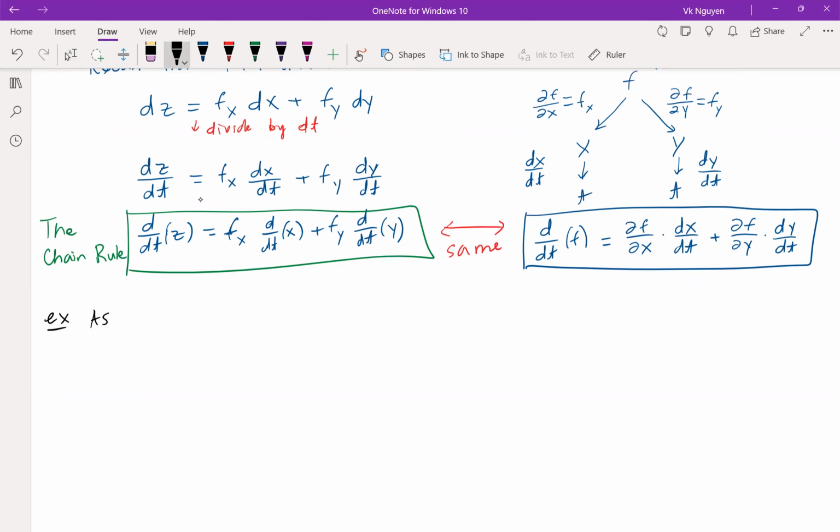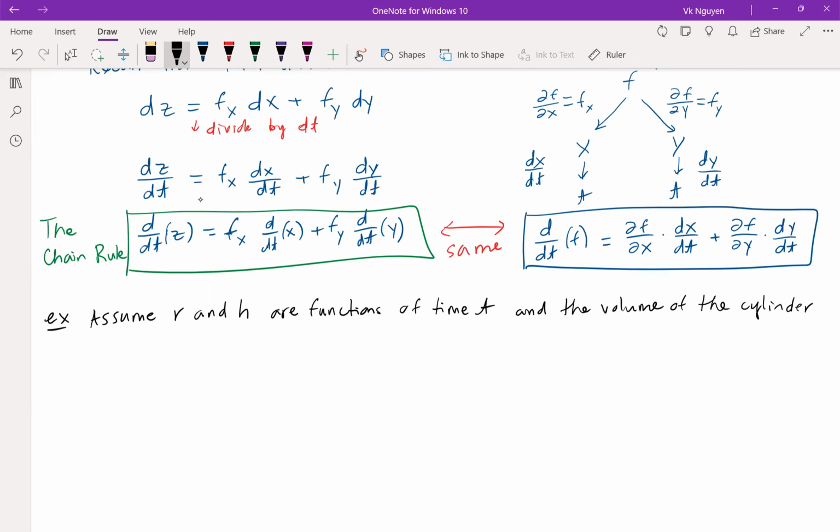Assume r and h are functions of time t, and the volume of the cylinder is V equals pi r squared h.